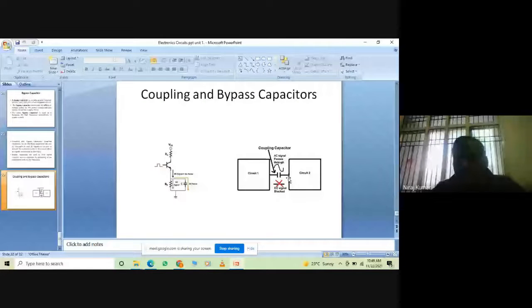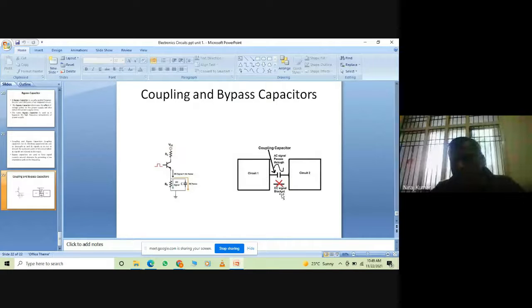Here we can see coupling and bypass capacitor. This is the circuit diagram. Here is circuit 1 and circuit 2 connected through the capacitor. Coupling: the AC signal passes through this and the DC signal is blocked between circuit 1 and circuit 2. The capacitor property is to block the DC.